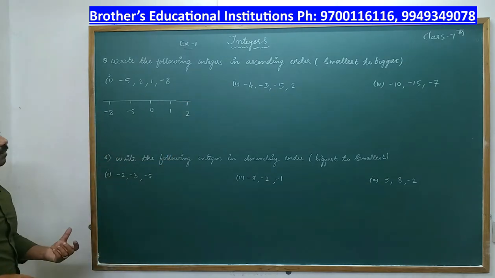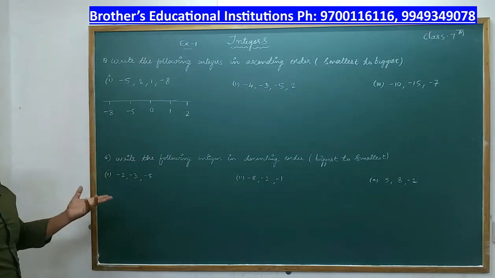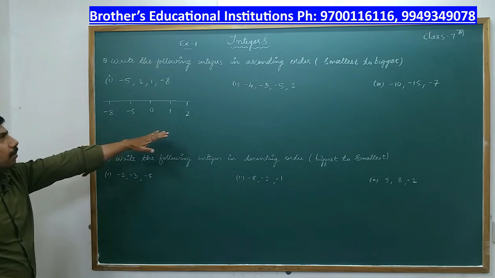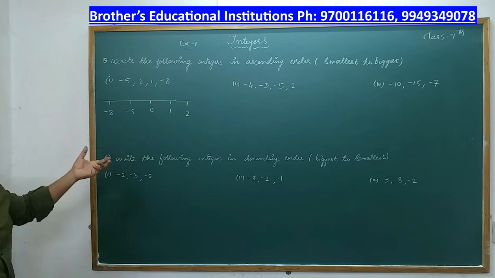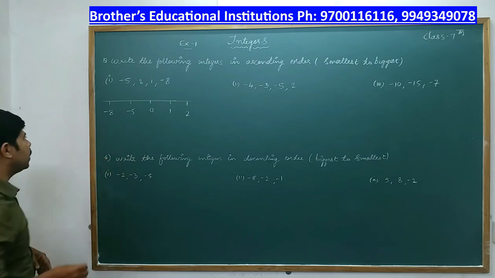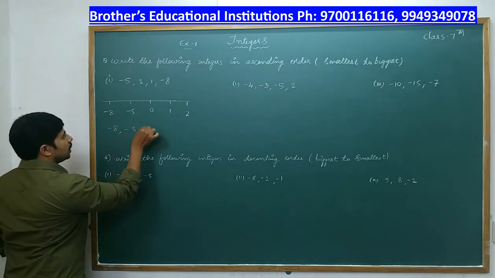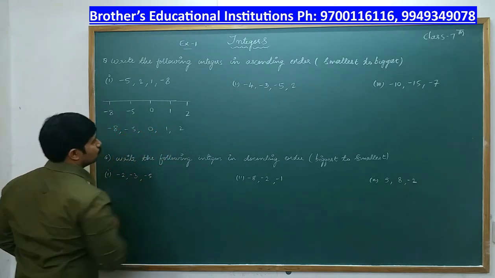Now we have to write these integers in ascending order. It's very clear, we represented these numbers on a number line. The number line itself shows that these numbers are in ascending order. So what is the ascending order of these numbers? -8, -5, 1, 2, right?